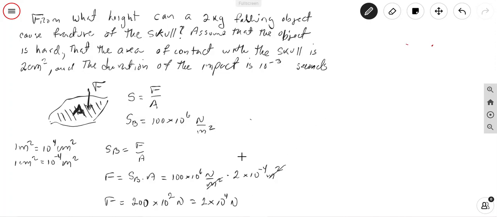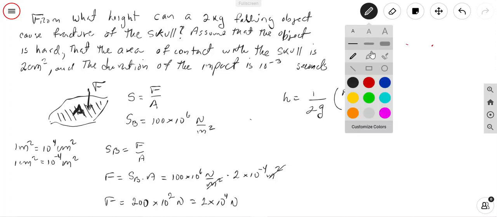Now, with this force, we can use a formula given in the book of Davidovich that says that the height of the falling object that is going to cause the fracture is equal to 1 over 2 times the gravity, times the force times delta T over the mass, all this squared.